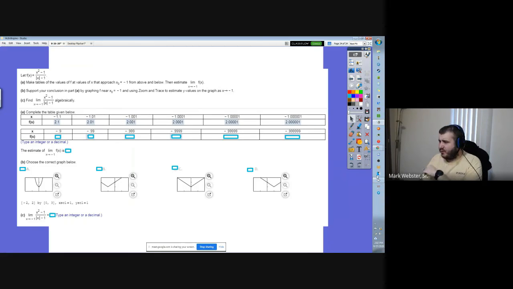And then the same thing, if we go from the other direction, the other side of -1 is -0.9, -0.99. We're getting closer from the other side. Just being careful and seeing what happens.